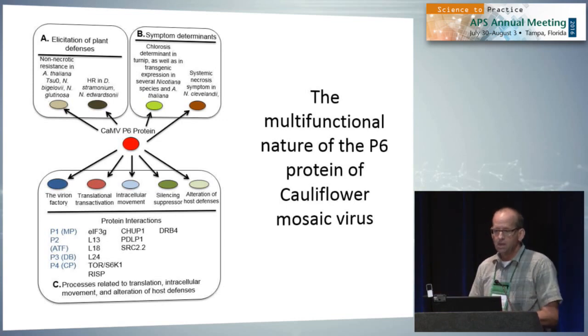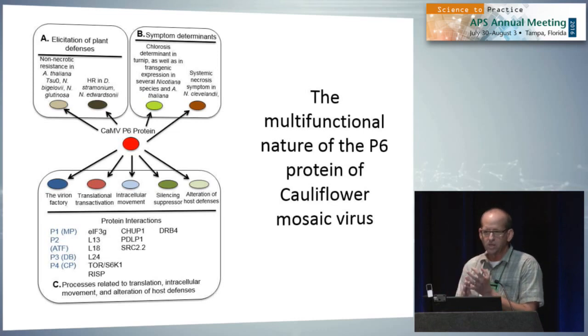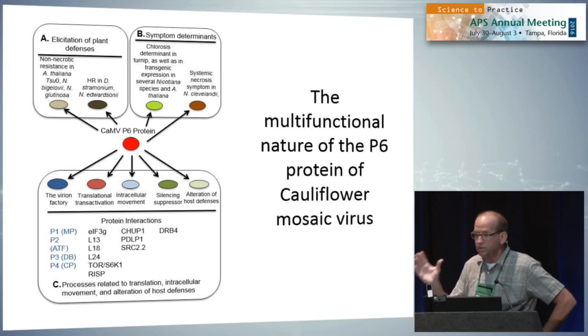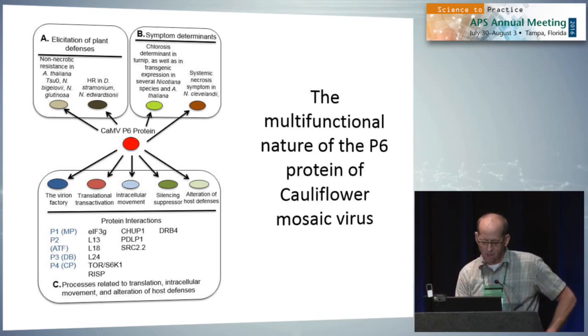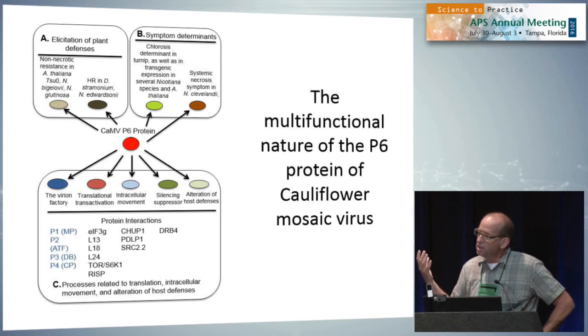Replication, translation, virion assembly and virion accumulation occur within this pathogen organelle, the P6 protein. P6, 20 years ago, was shown to be a translational transactivator. It actually converts a eukaryotic ribosome into a prokaryotic ribosome, so you can translate polycistronic messages. And there's a series of proteins that have been shown to interact with P6 here.